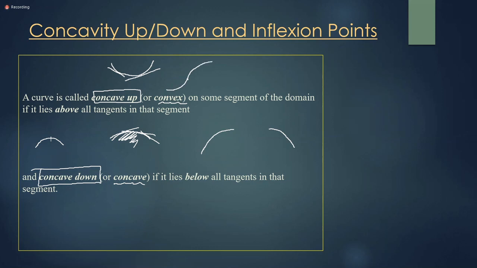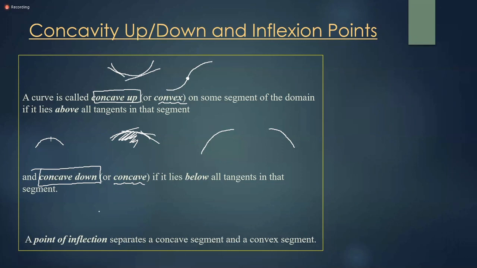And that kind of point, already familiar from the horizontal type, is called an inflection point. In other words, an inflection point is the point that separates segments that are concave down and concave up. So the inflection could be horizontal, a stationary point, but it could also be, let's say, like this, not necessarily stationary.